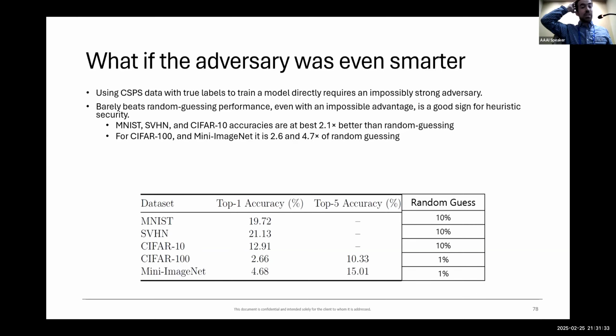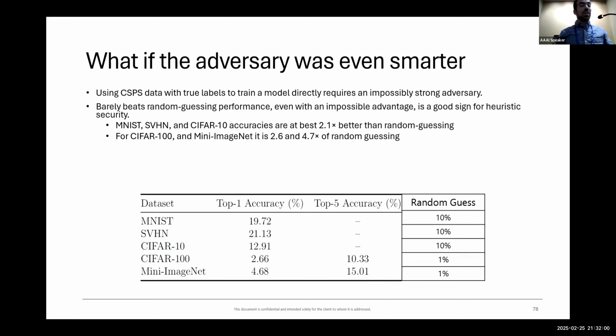What if we make the adversary even smarter? What if we go really crazy and say the adversary already has our entire data set? And so they can just train their own model from scratch to predict the true label from our encrypted inputs. This is a very silly adversary because in this scenario, the adversary has already solved the problem, but is then trying to attack us anyway.